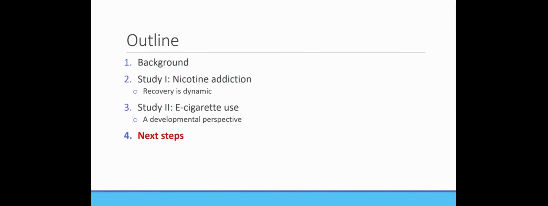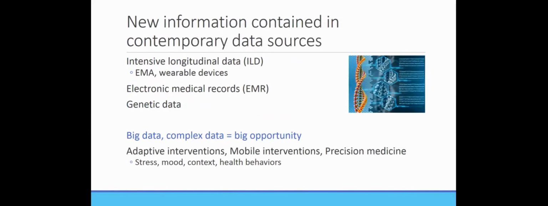Okay, so let's just have a few concluding remarks. Next steps, future directions. One of the things that we in the Methodology Center spend a lot of time thinking about and working on is how to draw new information from complex, contemporary data sources. And intensive longitudinal data is one of those areas of big focus for us.